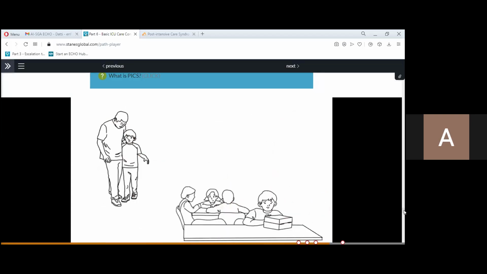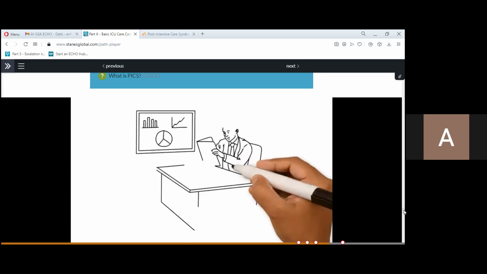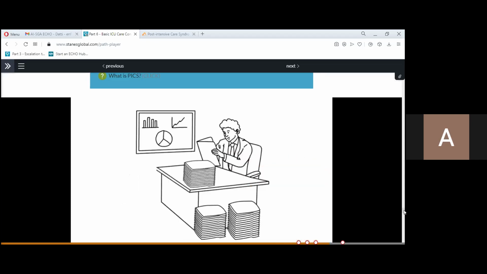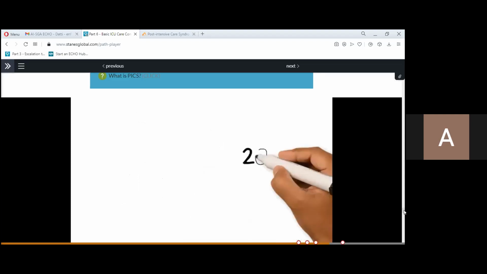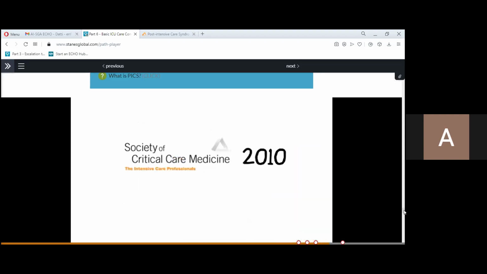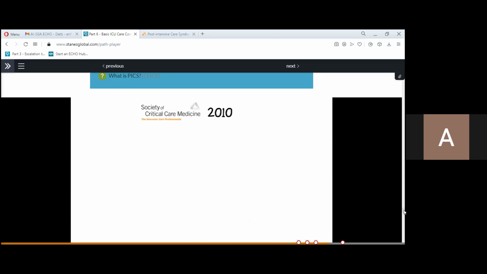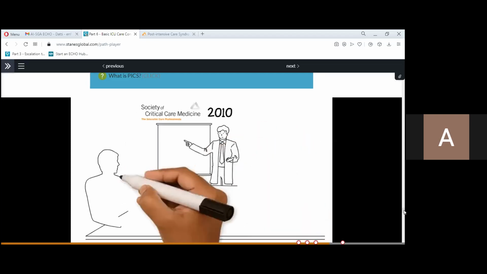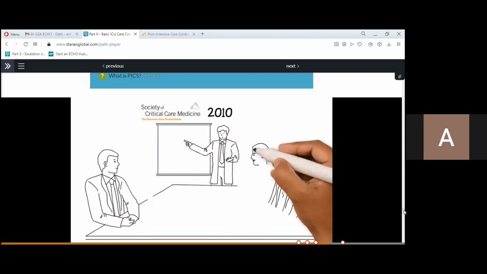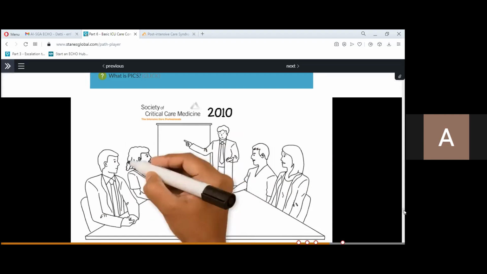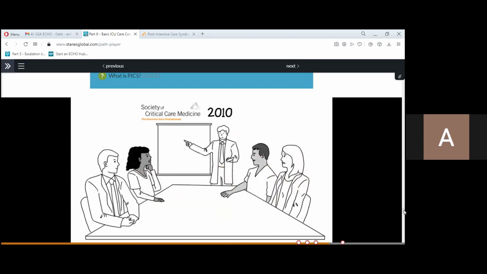During the past 20 years, research has confirmed that these types of stories happen more often than not. In 2010, the Society of Critical Care Medicine, or SCCM, gathered together experts involved in the care of ICU survivors. The group named the combination of problems common to survivors of critical illness post-intensive care syndrome, or PICS.